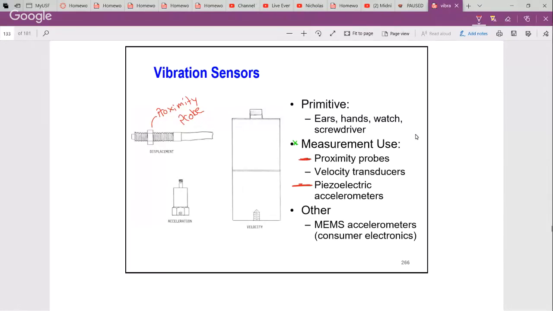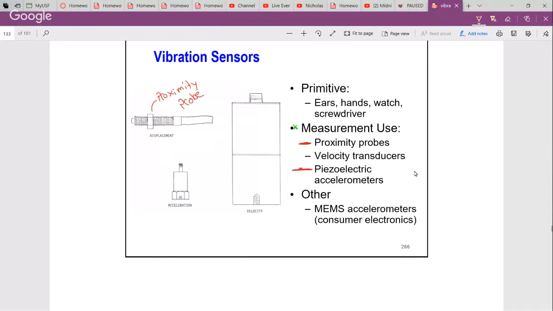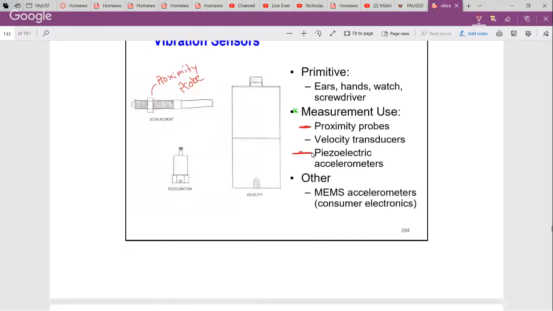I've certainly been able to assess a vibration problem using primitive means. At the other extreme, we have modern electronics, phones and game controllers, having accelerometers.